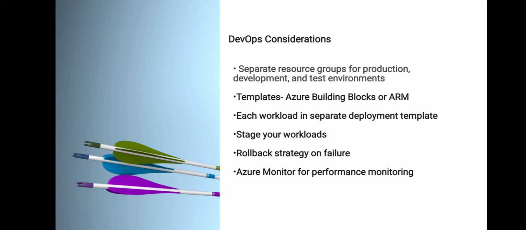The other consideration regarding staging your workloads: you can deploy to various stages and run validation checks at each stage before moving to the next stage, which is very important in order to make sure that your changes are moving in the right direction, plus the changes are accurate.